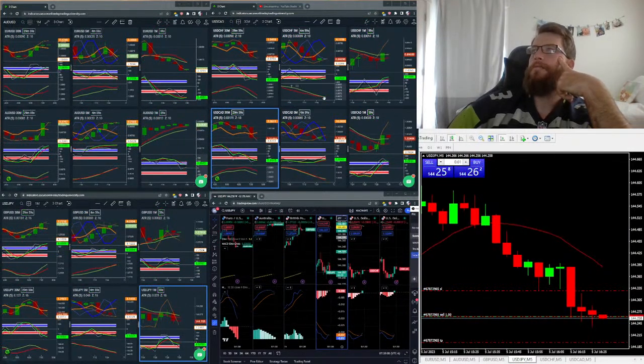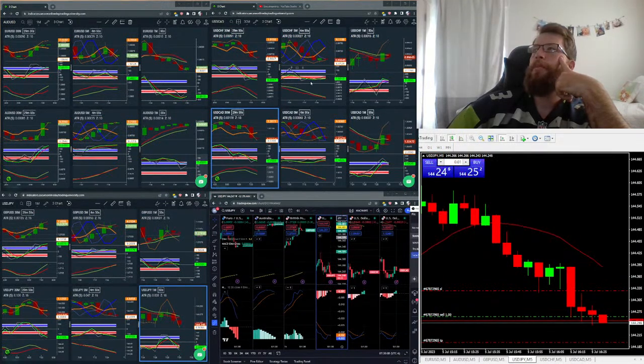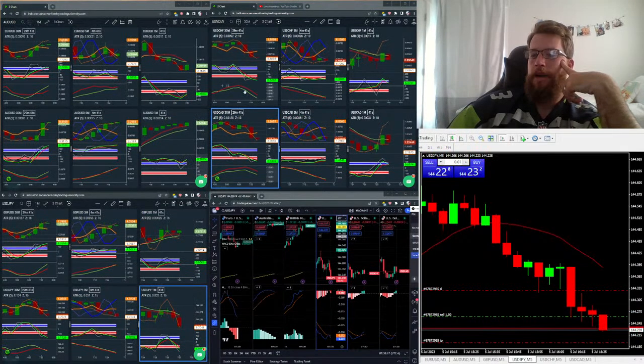Pressure's still pretty bearish here. So if we get a big enough pullback on the 5 minute, this 30 minute is still looking very much like it wants to go down.